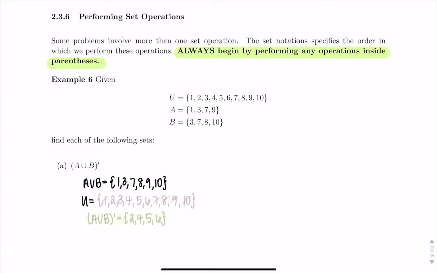If the universal set is 1 through 10, we just want to go through and cross out everything in the set we just found: 1, 3, 7, 8, 9, and 10. Whatever's left over is the complement. So that leaves me with 2, 4, 5, and 6.